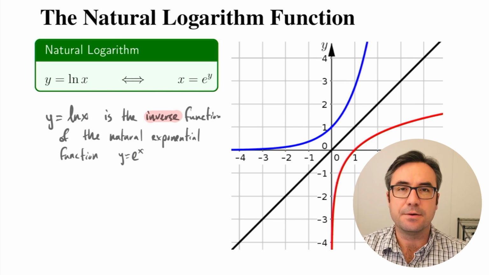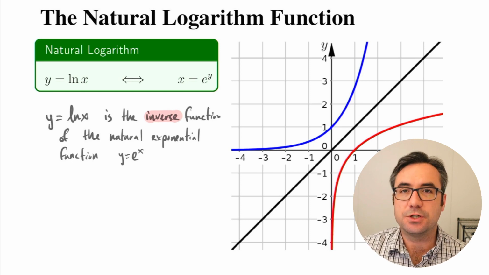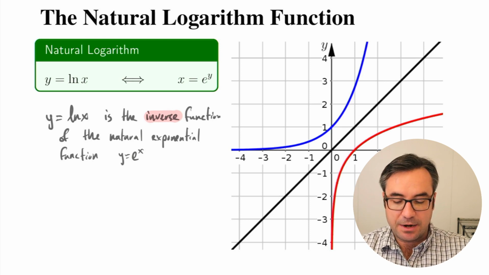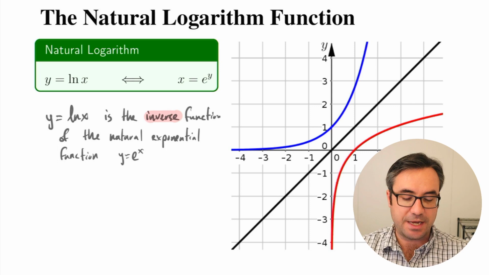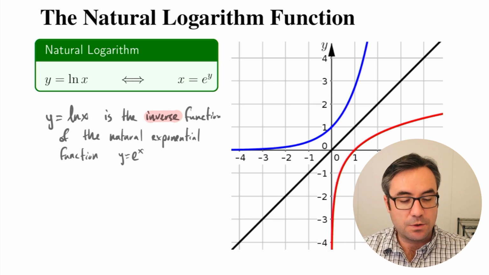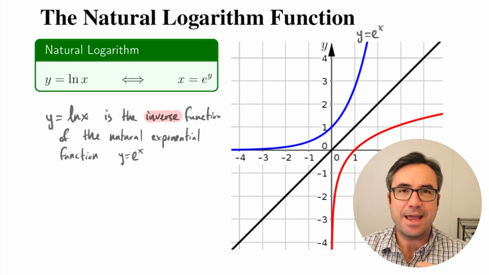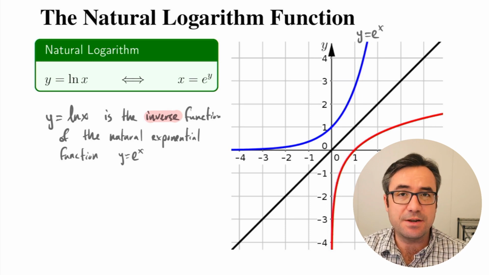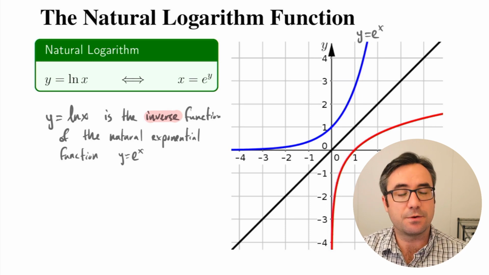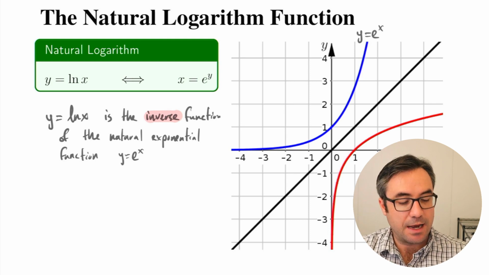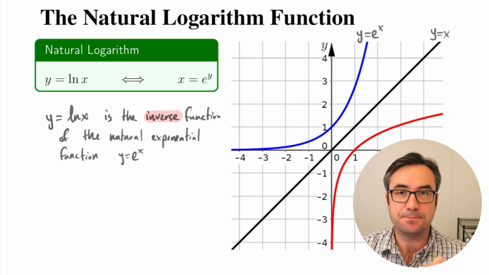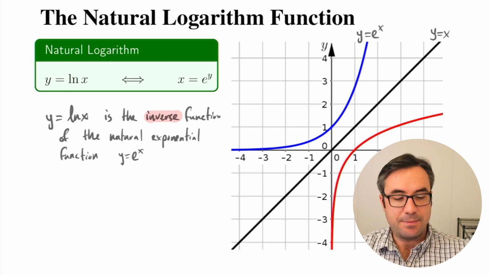Now graphically, the way an inverse function looks is you take whatever starting function. In this case, we have y equals e to the x, our exponential function. To see what the graph of its inverse function would look like, you reflect it across the line y equal to x. So what does that mean?